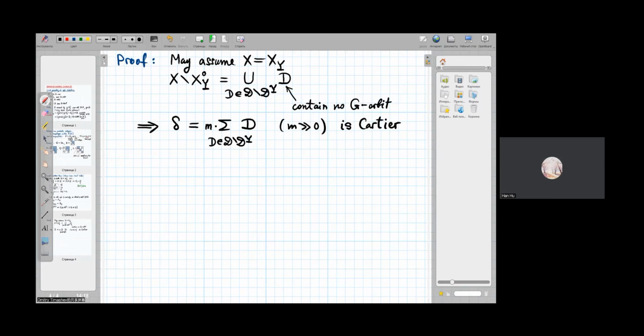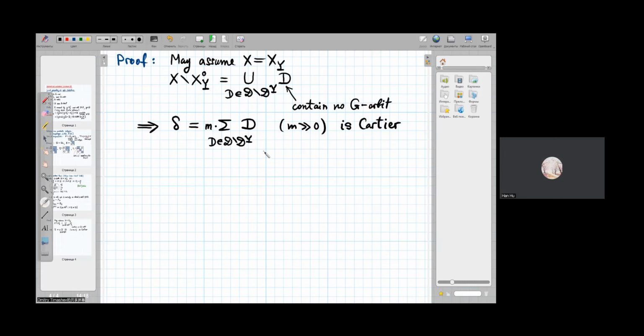If D contains... I think we can use the fact that D is not G stable. Well, D is not G stable, of course, because D is a color. By definition, a color is not G stable. So we can conclude that D does... Oh no, D may still have a G orbit. So in principle, colors may contain G orbits.